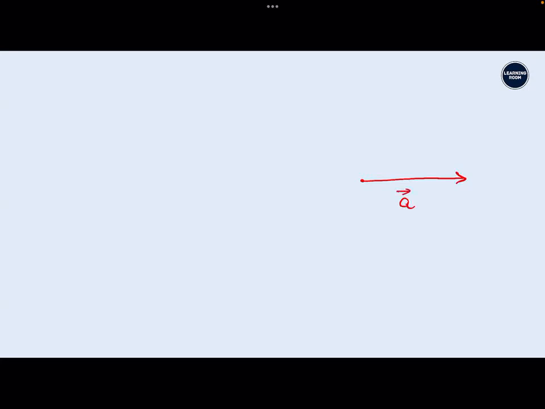So if there is a vector A like this, which I call A vector, and another vector B, which is like this, and both the vectors are starting from the same point, they are called co-initial vectors.